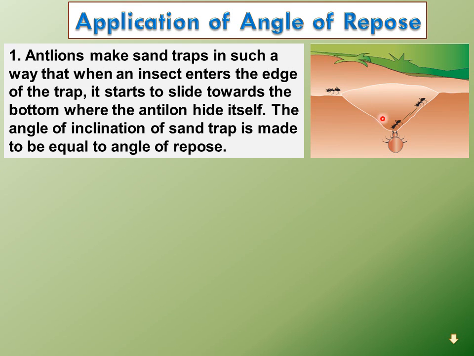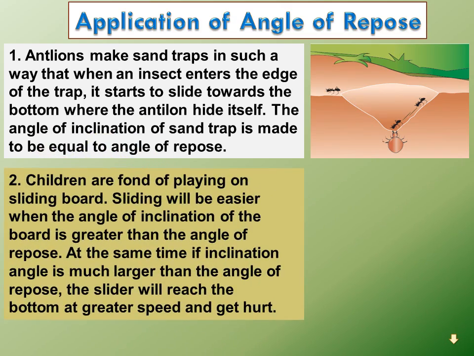If it enters, it will slide towards the bottom, where the antlion hides himself. The angle of inclination of the sand trap is made to be equal to the angle of repose. That's why if an insect enters, it goes down into the antlion's trap.